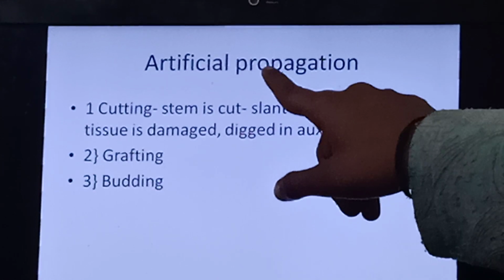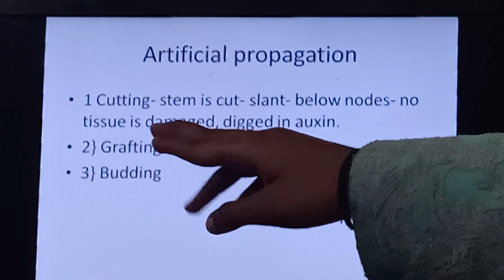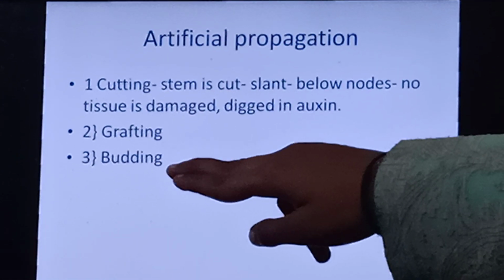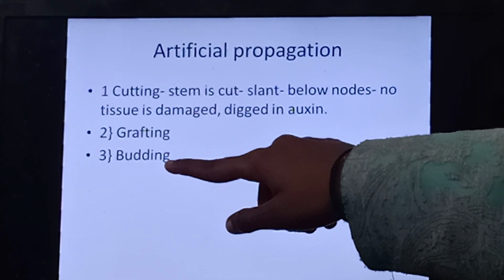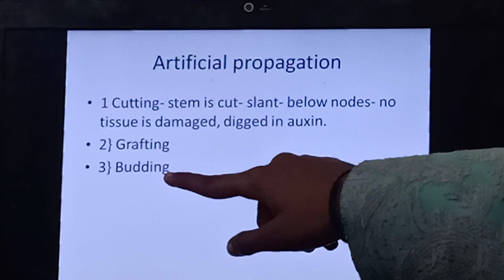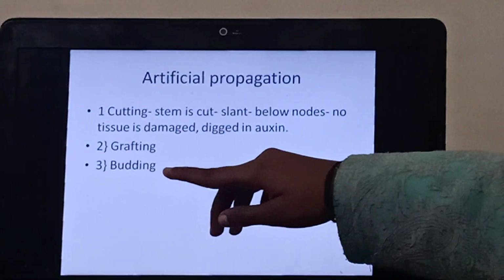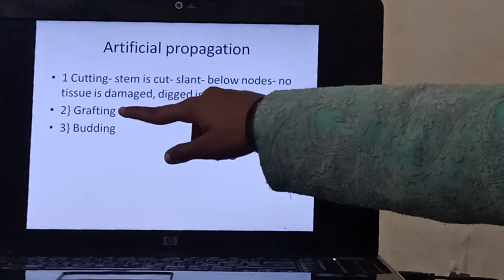Next, artificial propagation. Artificial propagation can be done by various methods: cutting, grafting and budding. In budding, there is the example of an amoeba, which is immortal, which never dies. Next, grafting.